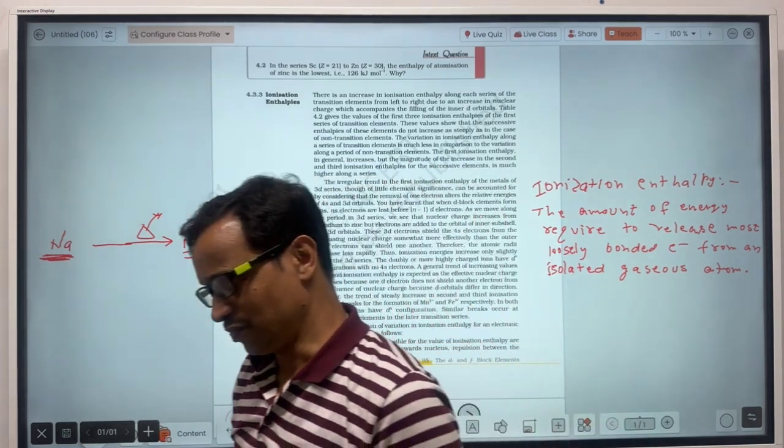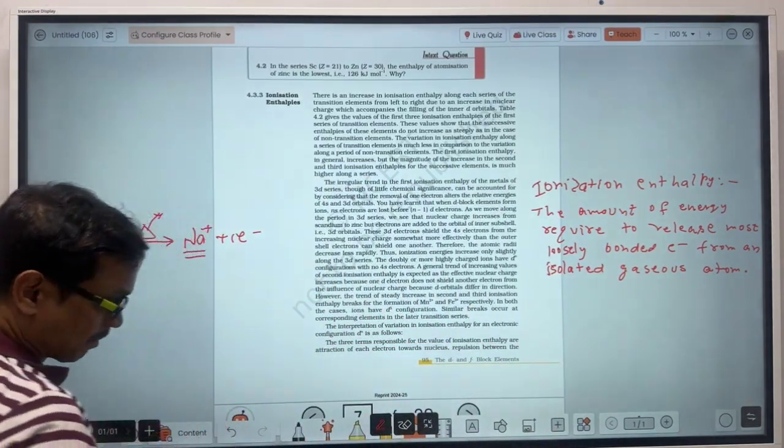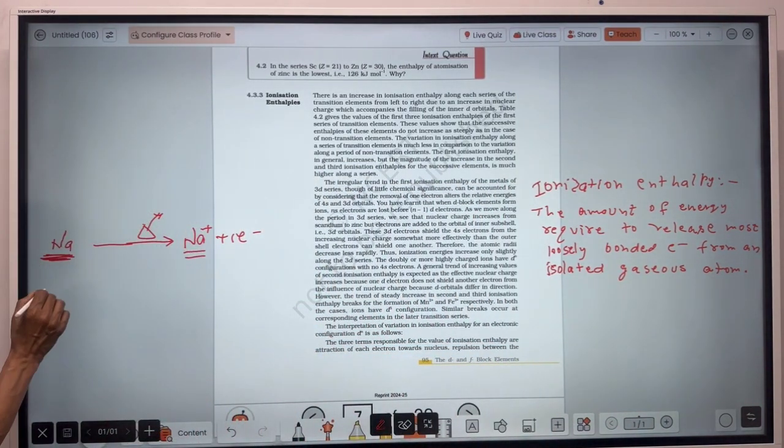Okay, that was about the definition. Keep in mind always.